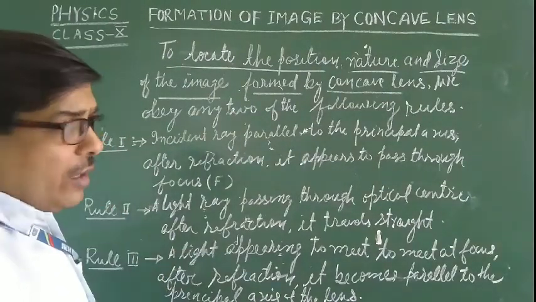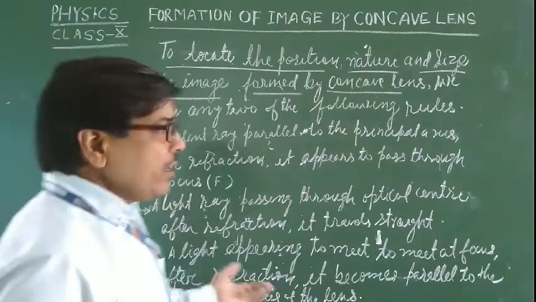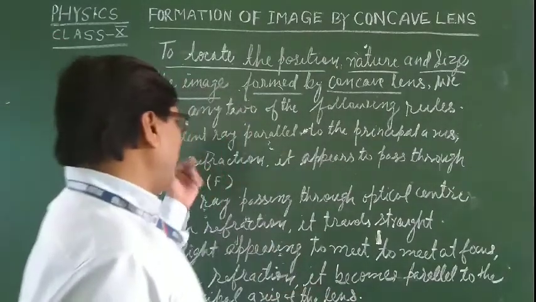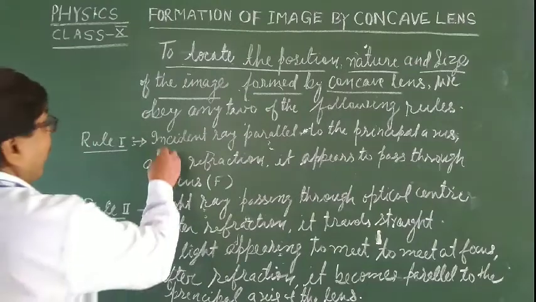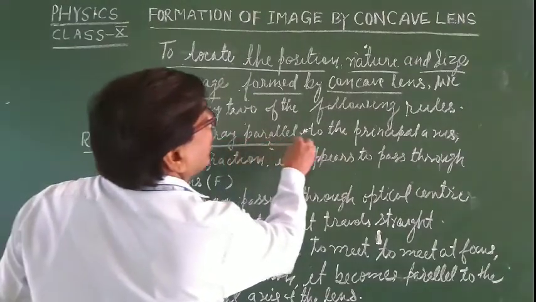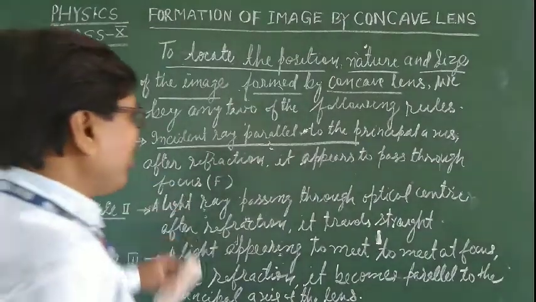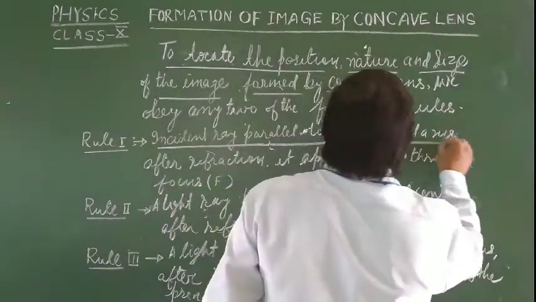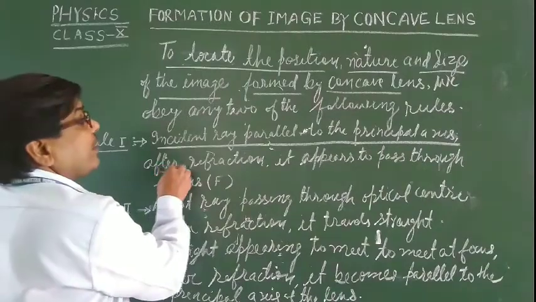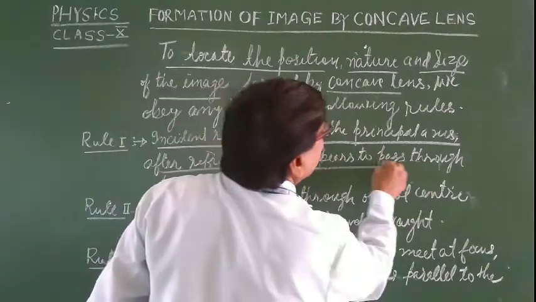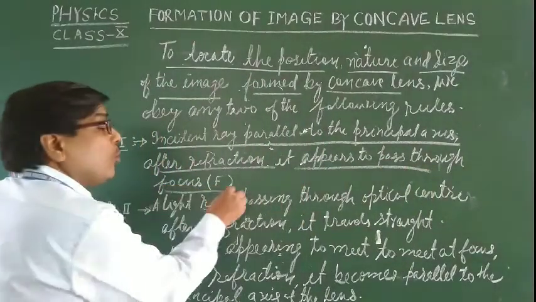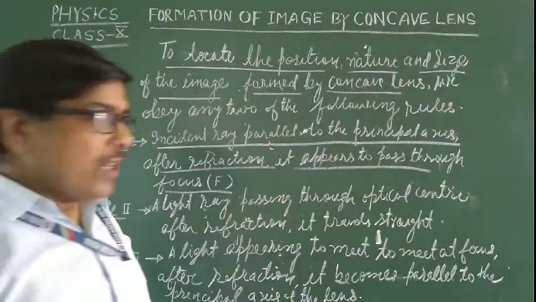Rule 1: an incident ray of light parallel to the principal axis, after refraction, appears to pass through the focus of the concave lens.